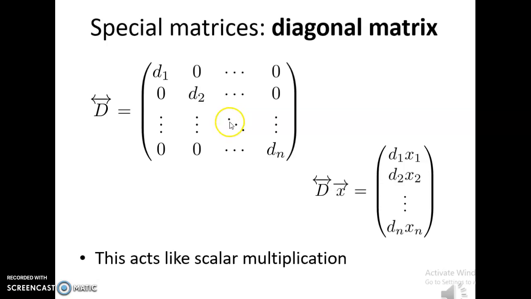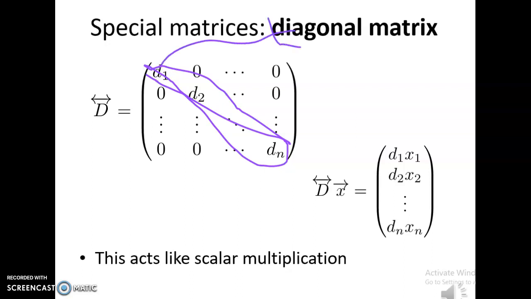Special matrix: diagonal matrix, with diagonal entries d1, d2 up to dn. This acts like scalar multiplication.